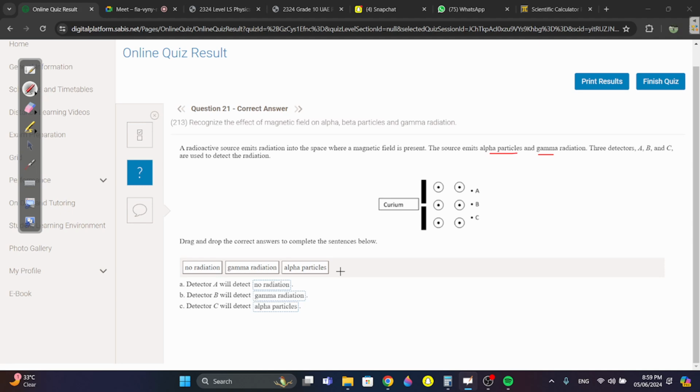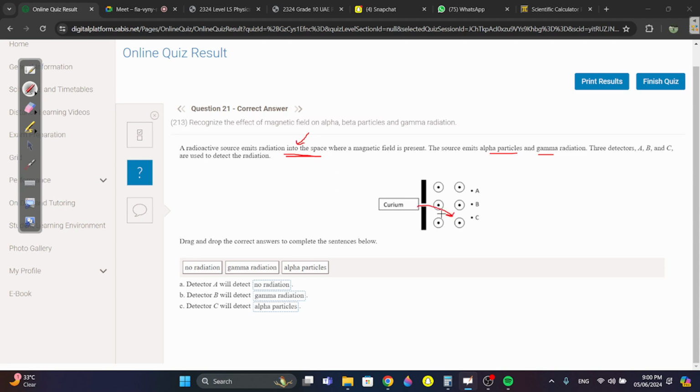To be honest with you, right now I'm not really sure why alpha goes down. They said into the field. It really matters in what direction the magnetic field is. If it's going into the page, I think it's the opposite. The way I'm going to let you memorize it: usually it was going up, right? So alpha, but since I think they said into the space, then it's going to go down.